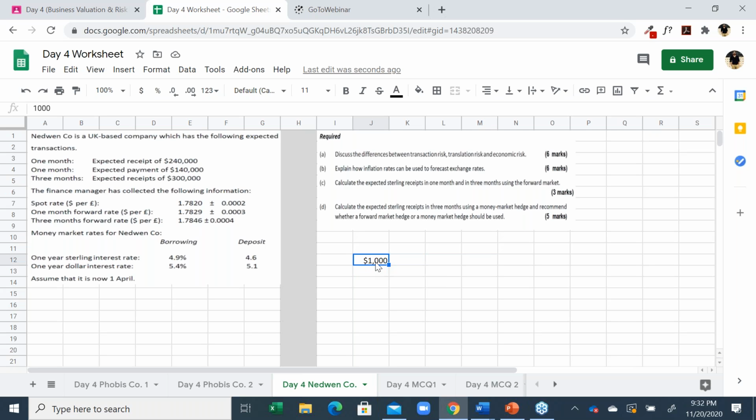You have to pay $1,000 in, let's say, 1 month's time. And let's say $1 is equal to £1 today.